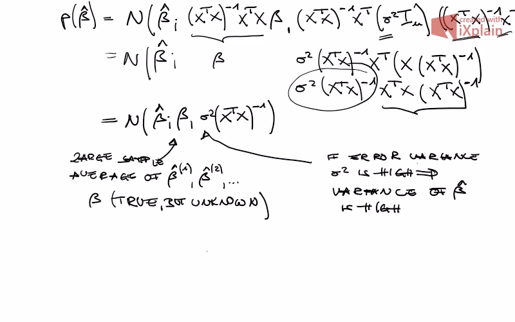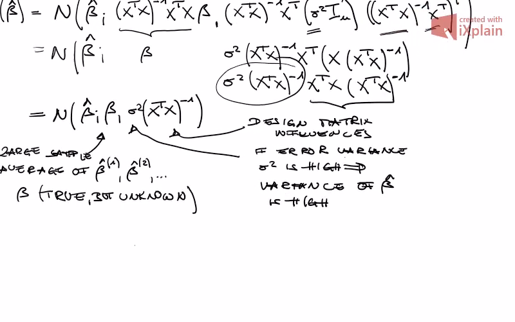And then finally, design matrix influences the beta hat variance.